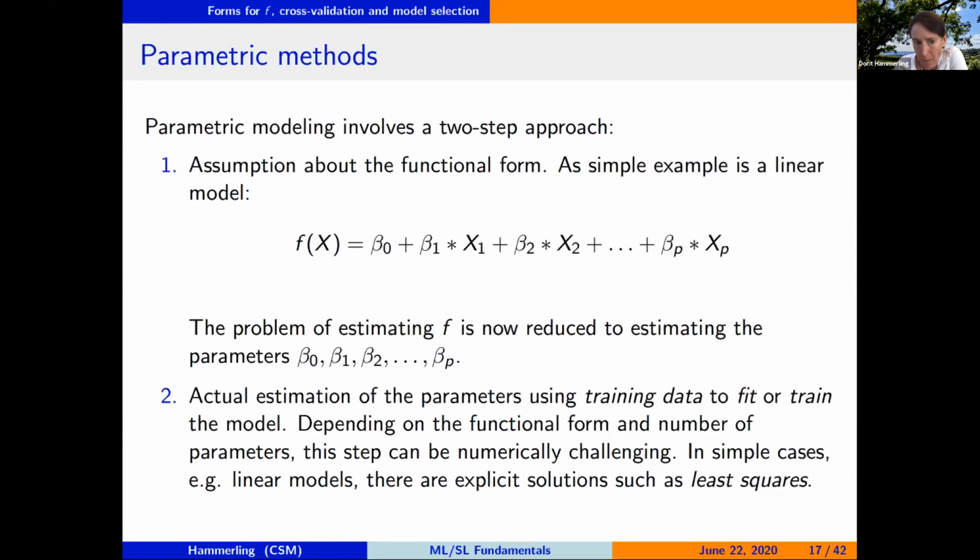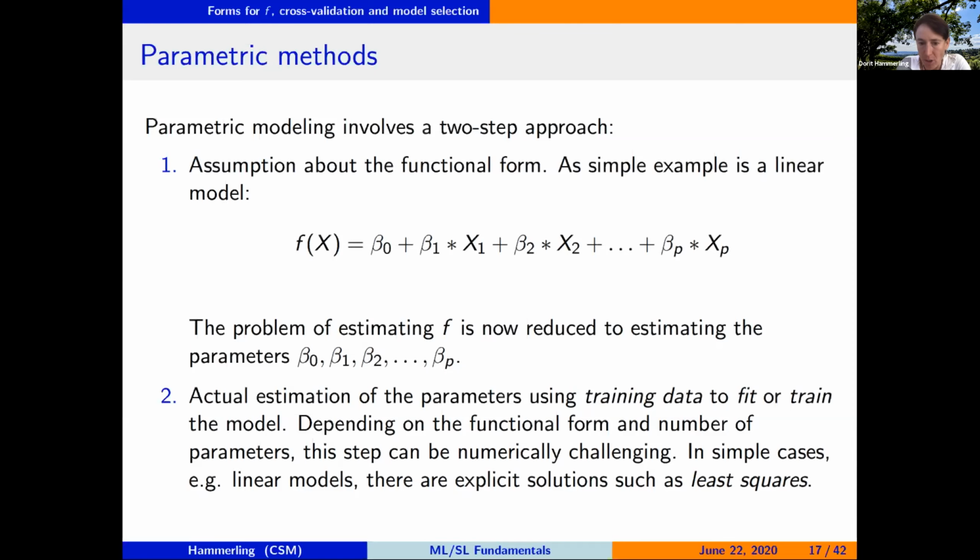The second step is the one we use to actually do the estimation. So in the first step, we specify the functional form and what the parameters are. And in the second step, we actually use training data to estimate what these parameters are. And this step can be numerically very challenging.